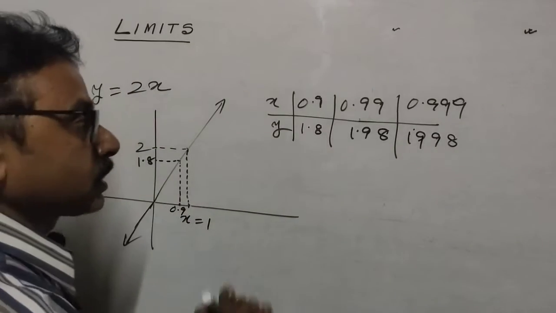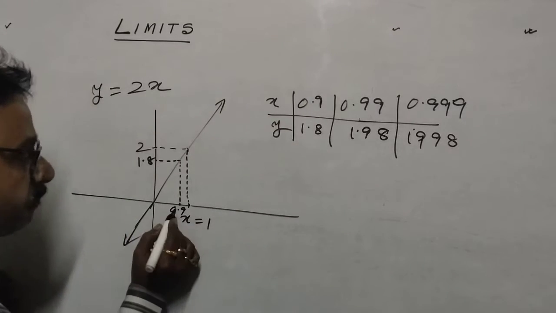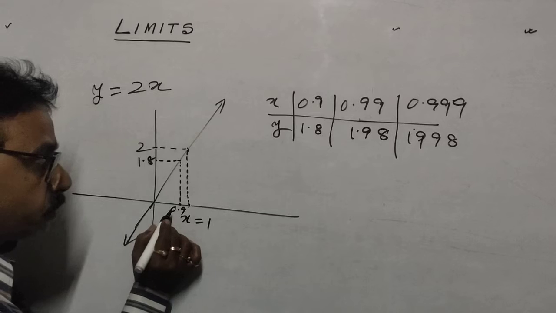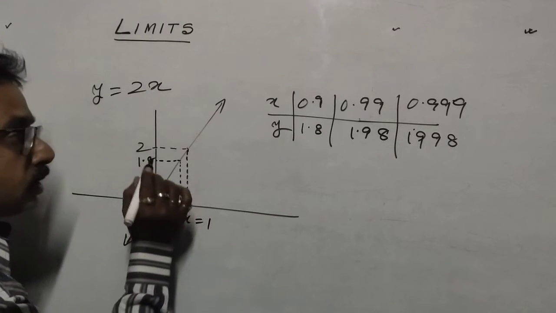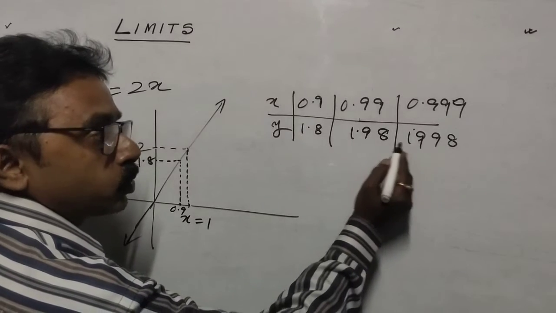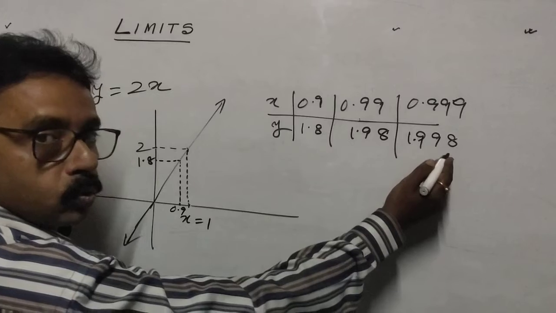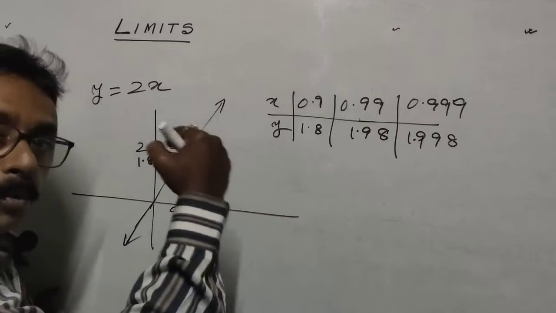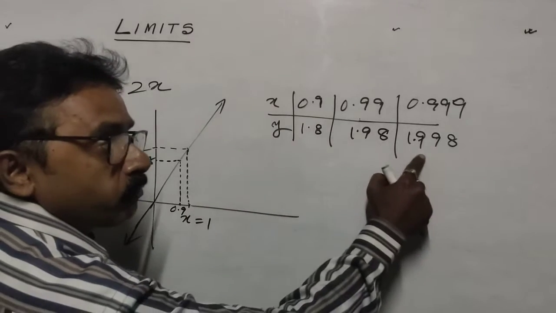That means one thing is clear from these values of x and y: if x moves from 0.9 towards 1, very close to 1, then the value of y also moves towards a particular value, and that particular value is 2. See, x moves as much closer to the point 1, y moves very close to the point 2.